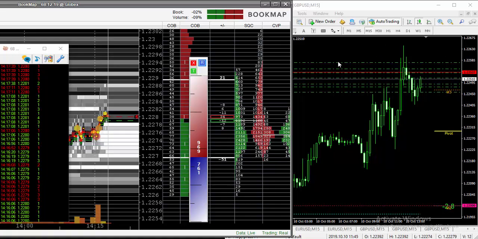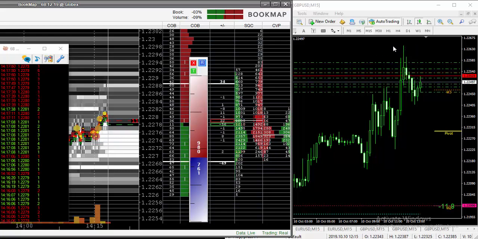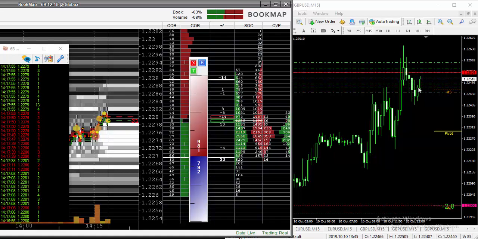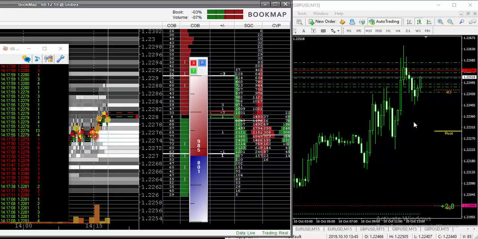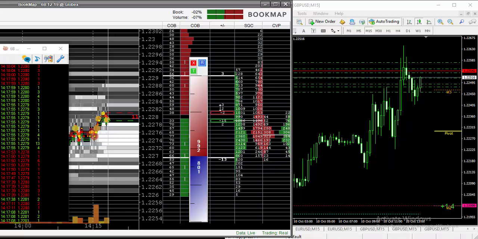My first view will be looking at how the market is going to react when it reaches the high of the day. What is it going to do? What's going to happen? That is the first thing that I'm interested to see. But as for now, what I want to see is more buyers, more aggressive buying coming to the market.